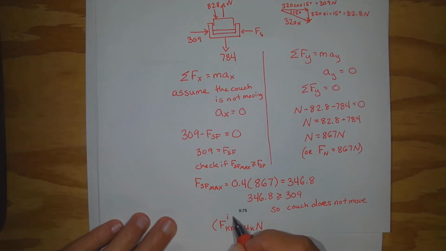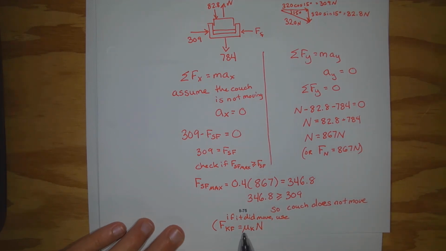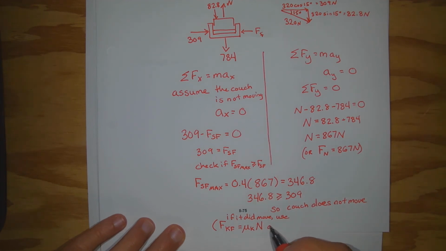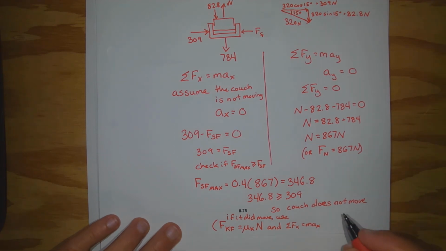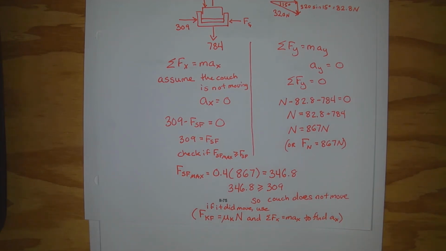So if the couch did move, then I would need to use this equation to find the force of kinetic friction and use Newton's second law in the x direction to find the acceleration in the x direction. Okay, so this problem was easier because the couch does not move. We will see examples next class where the couch does move, and we'll have to go back and use Newton's second law with the force of kinetic friction.